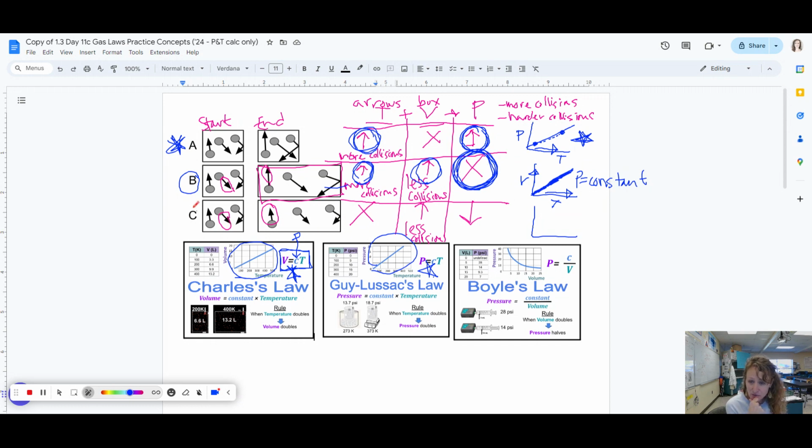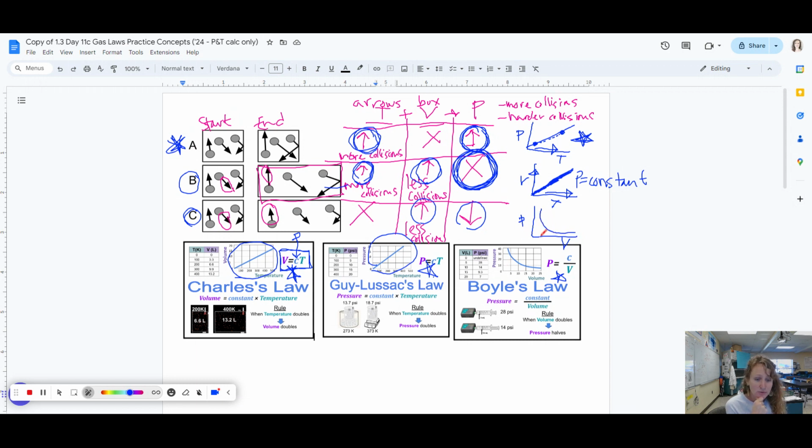Okay, let's look at this last one, C. So our two factors we're looking at are volume increasing and pressure. So volume and pressure is our third pattern. That's Boyle's law. Volume's on the x-axis, pressure's on the y. Our graph shape is here.